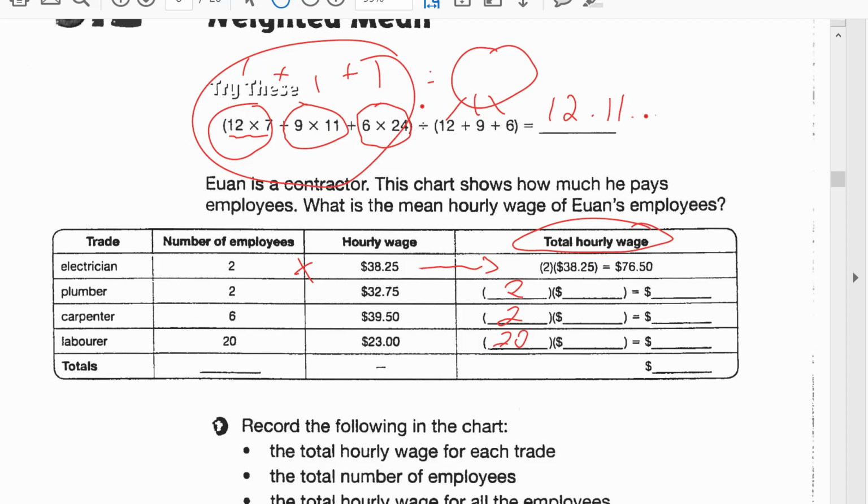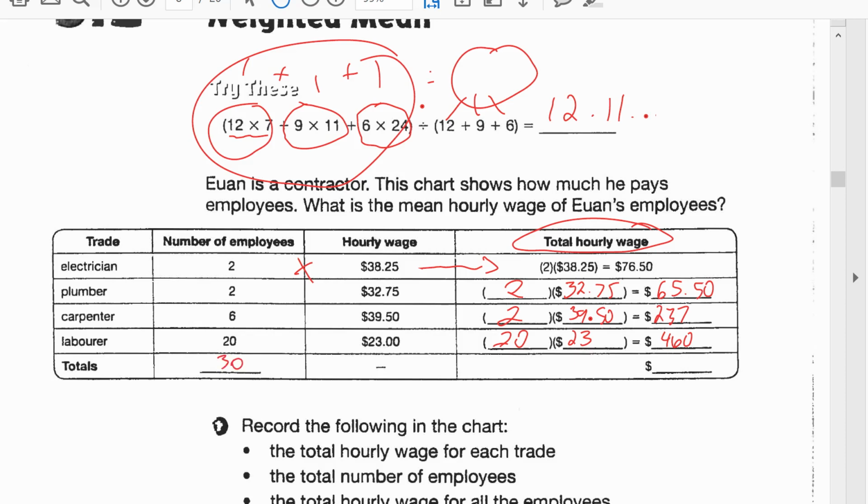And then this is 32.75, 39.50, 23. And we multiply them to get 65.50, 237, 460, and now we have to total them.